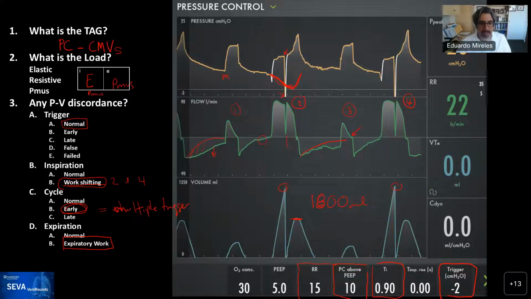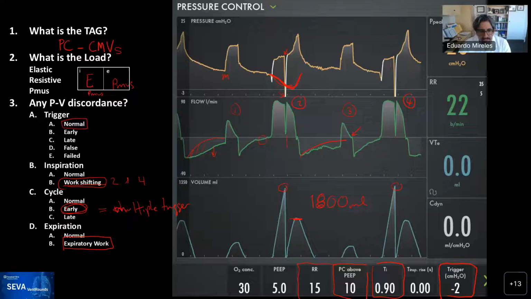Very good. All right. So really interesting waveform, and the question here is, well, how do I approach it? I will return you to the way that we choose modes of mechanical ventilation, which is by doing what we call goal-directed mode selection.